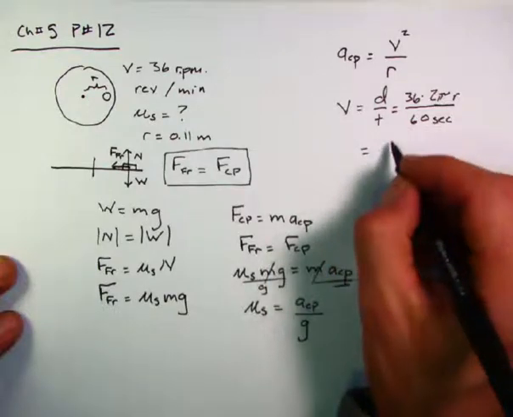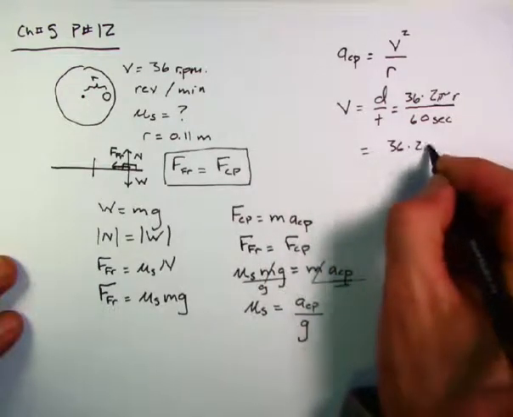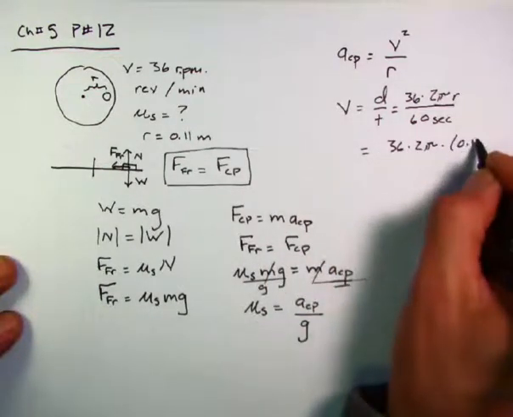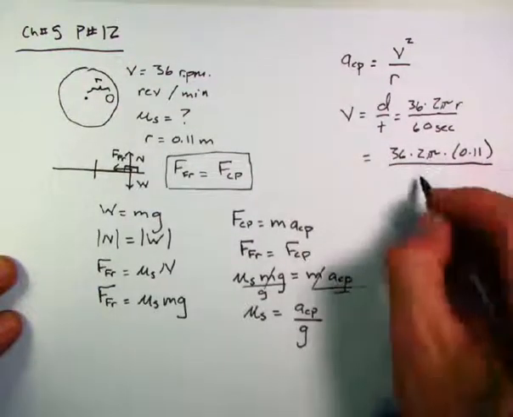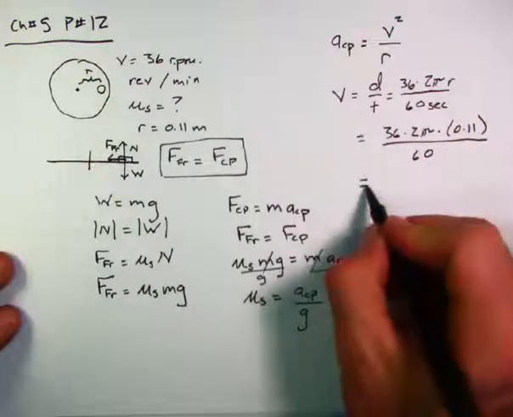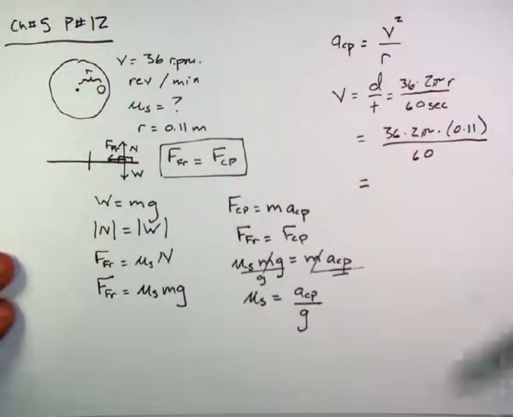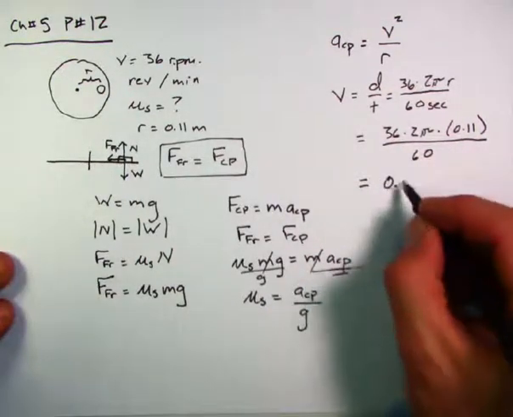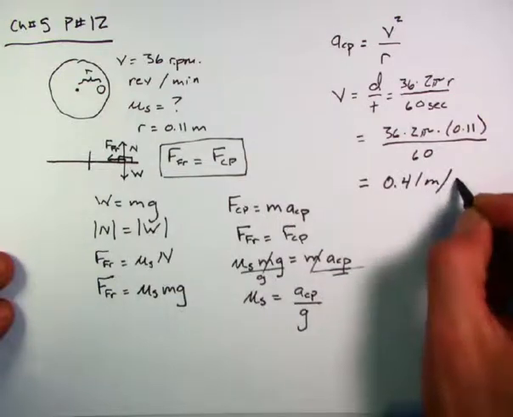So if we plug in 36 times 2 pi times 0.11 divided by 60, notice this is in meters and this is in seconds, I would get a speed of 0.41 meters per second.